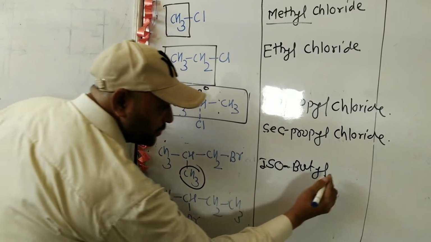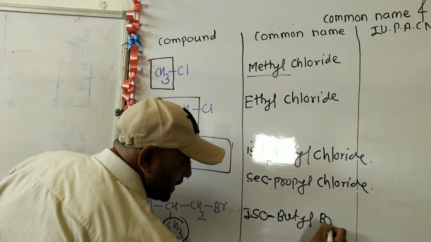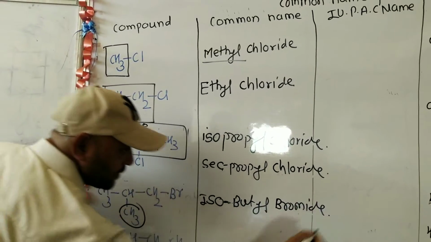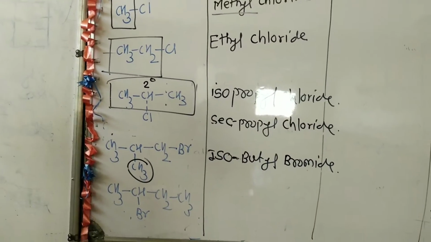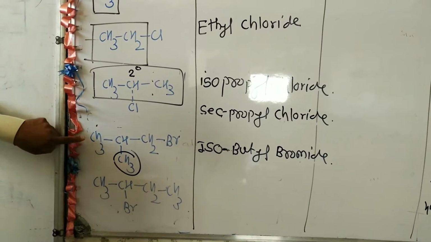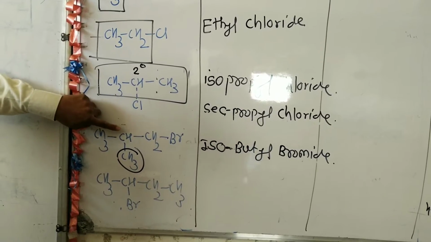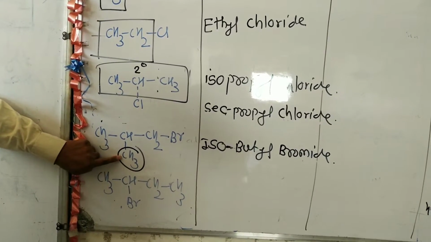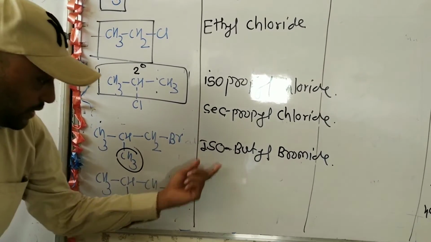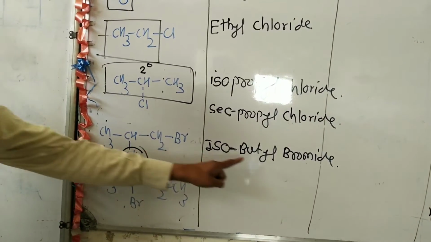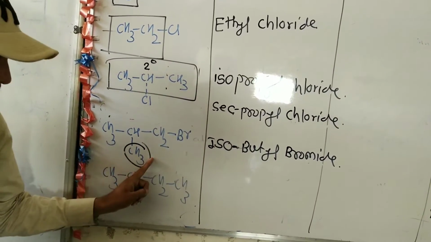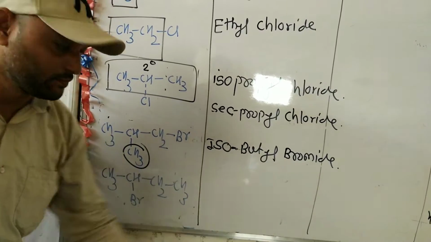So isobutyl bromide. Look at the carbon chain in which second carbon contains methyl, so it is iso, and 4 carbon alkyl is called butyl, so isobutyl and remaining bromide.